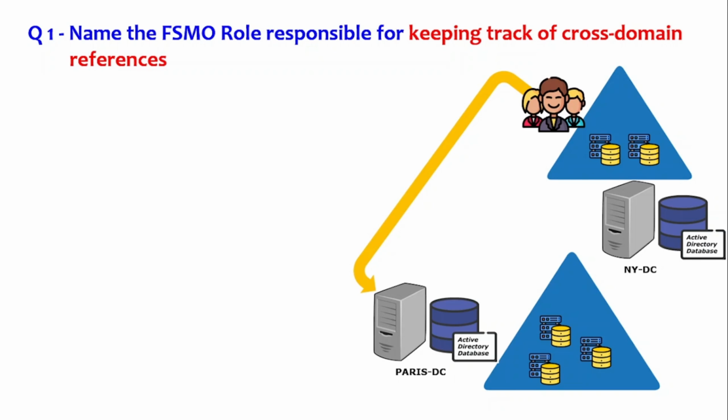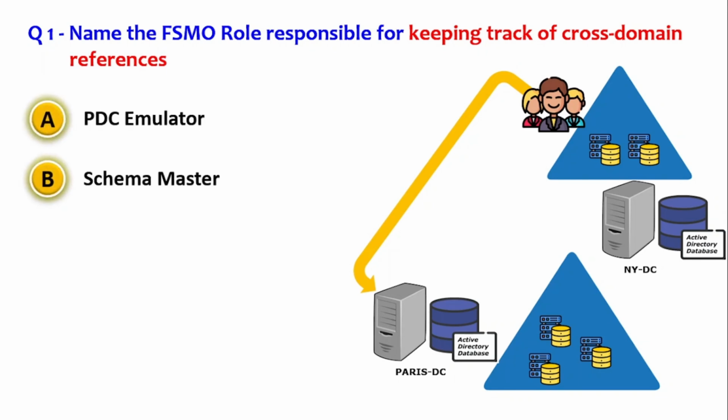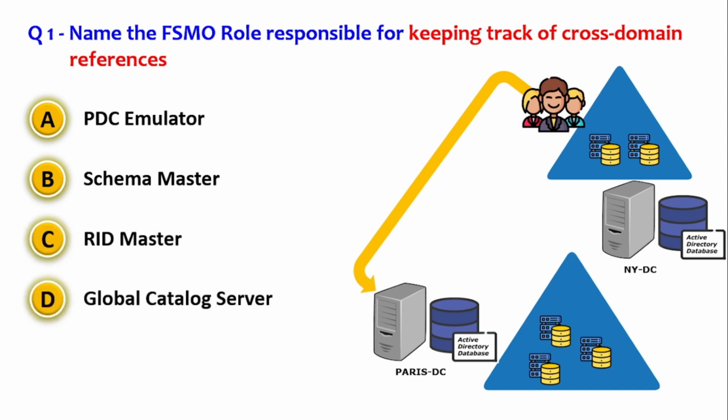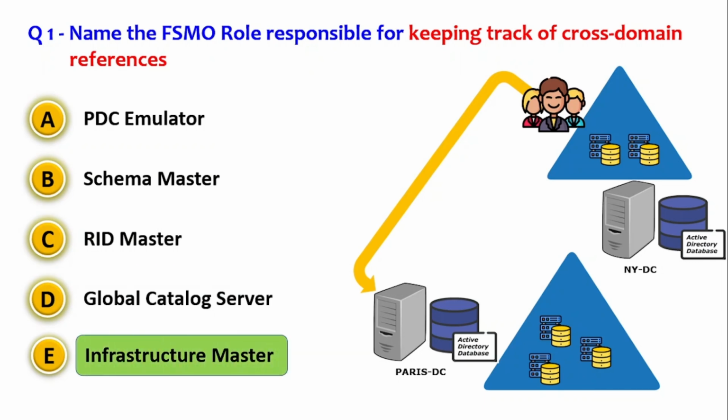And the options are A. PDC emulator, Schema Master, RID Master, Global Catalog Server, and the Infrastructure Master. So which FSMO role is responsible for keeping the track of cross-domain references? And the correct answer is Infrastructure Master.